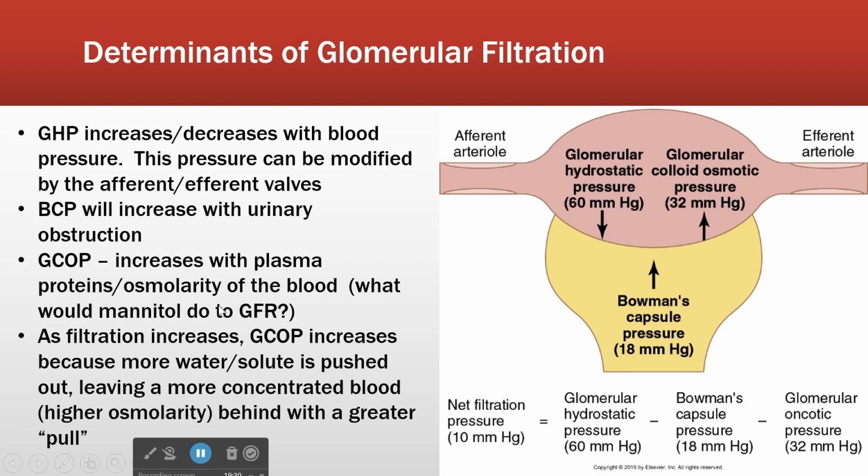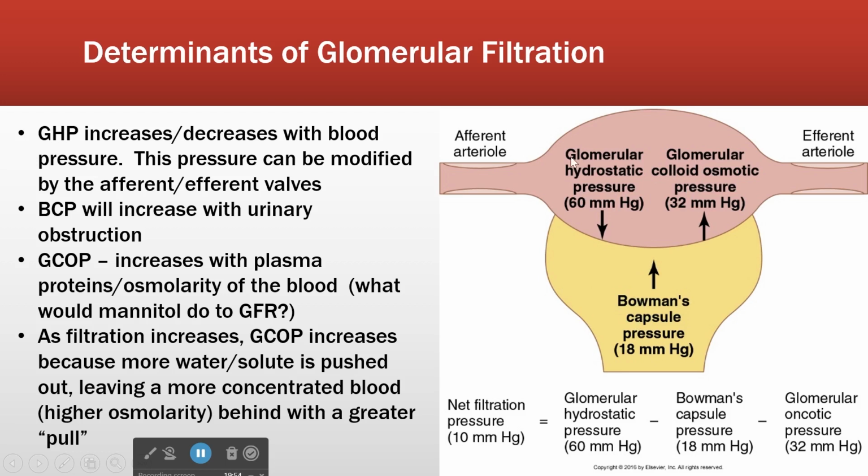Now, another interesting feature is, as natural blood comes in here, blood minus filtrate comes out here. I think that makes sense. Why? Because filtration happened. The more filtrate we get leaving, the less water is left behind.